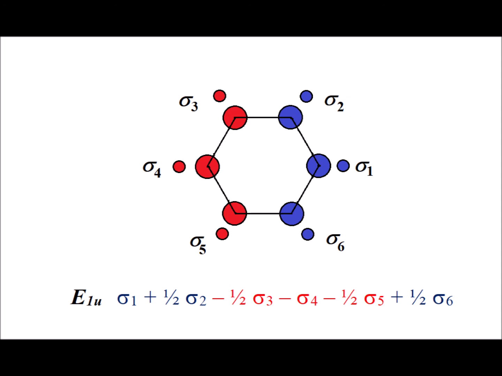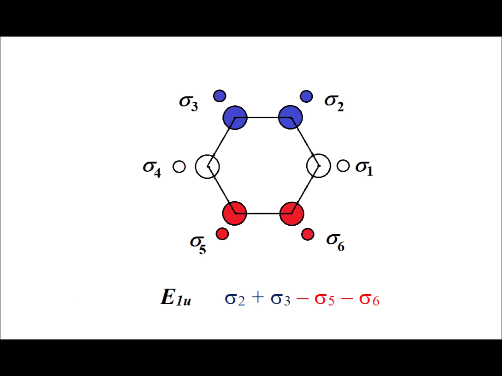Notice that all the bonding combinations between the carbons and the hydrogens are all bonding. And here is the second of the E1U doubly degenerate representations, showing the molecular orbitals involving both carbon and hydrogen.